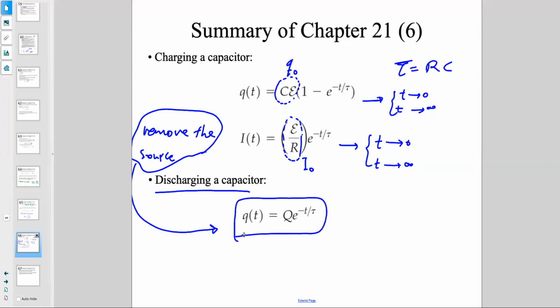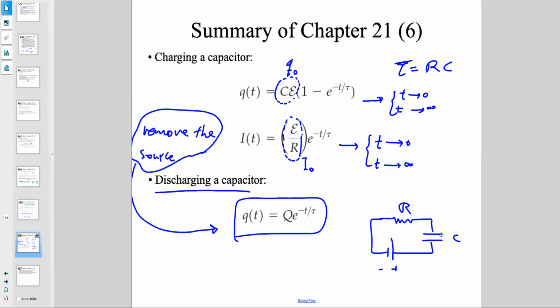One more word for the I. Once you connect your battery to an RC circuit, at the beginning you have a huge amount of current going through, but as the capacitor is getting full, the current will drop and it will get to 0 once it's completely full.